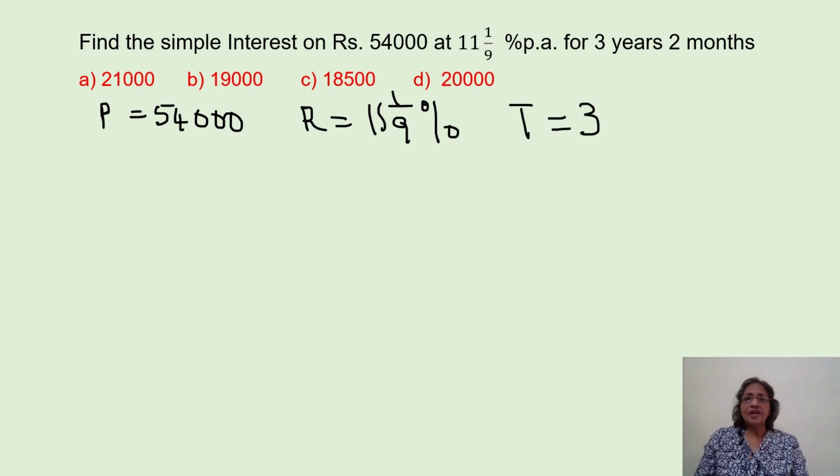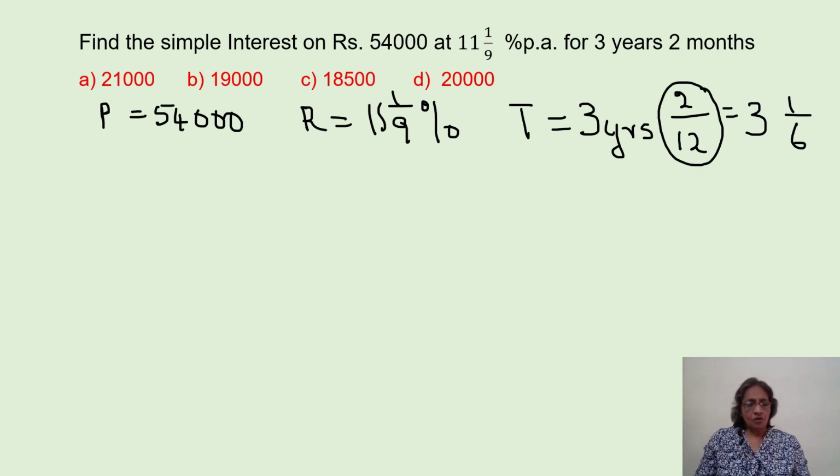Now this time period is given as 3 years. The months I will need to convert. So this will be 3 years and 1/6. This comes because 12 months in a year. Okay.